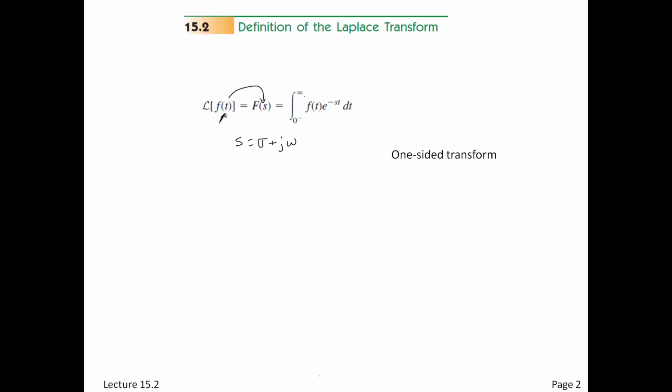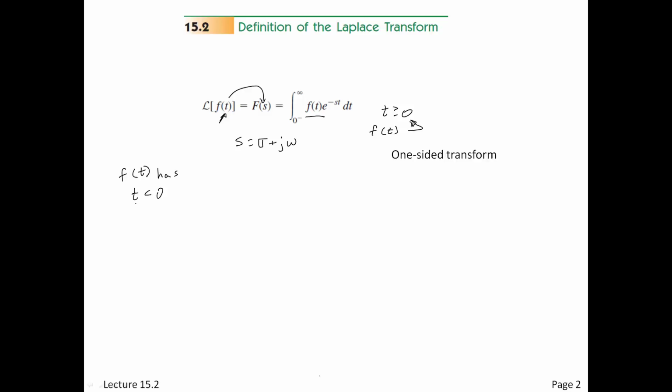Now, this goes 0 to infinity, and you say, well, what about all the negative side? What if I go from minus infinity to plus infinity? So this first equation assumes that this function is time greater than 0, and f of t is constrained by that idea. But sometimes f of t has some elements of t less than 0.